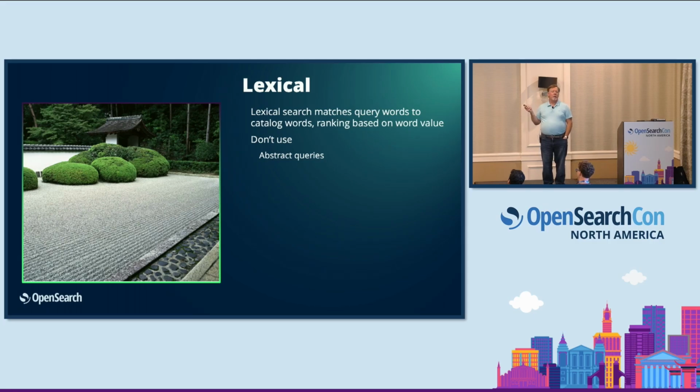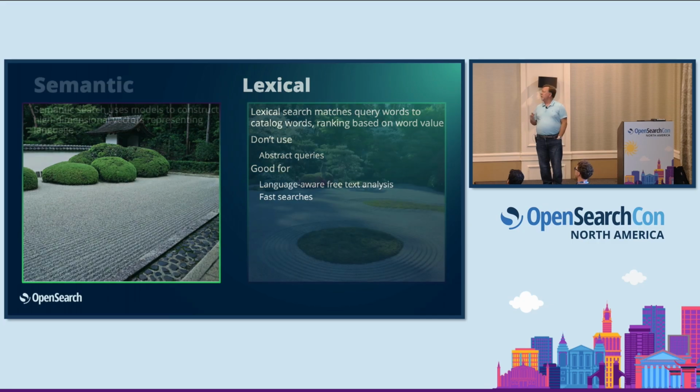So if I want to know what are some comfortable pants, it's going to do okay, but only to the extent that I built a catalog of products that includes the words comfortable pants in the pants that I'm talking about. It can't actually get at that abstract notion of comfortable without somebody writing down the word comfortable, right? But it's really good for free text analysis and fast searching. And it's really good for specific queries, as we'll see in a second.